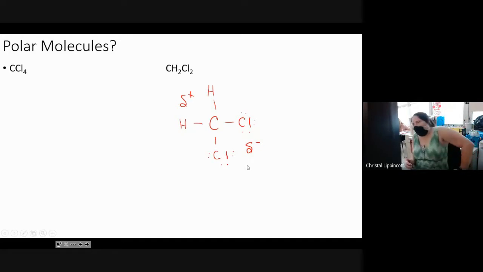That's the word. So it's like a range. Technically, anything that's not completely balanced, like this guy, technically it's all polar. But you start to get that sliding scale, and when it kind of tips, then they're only going to give you something that's pretty darn obvious.